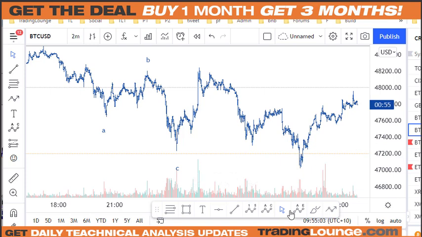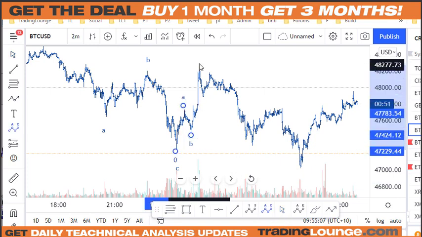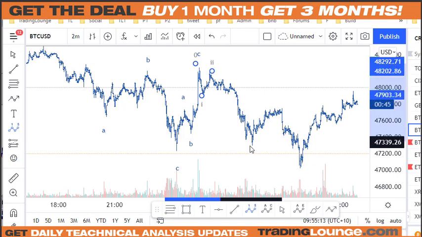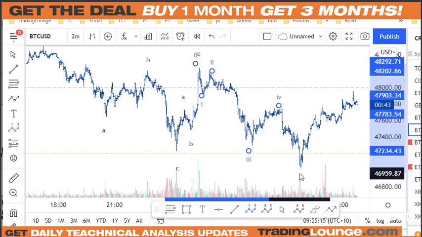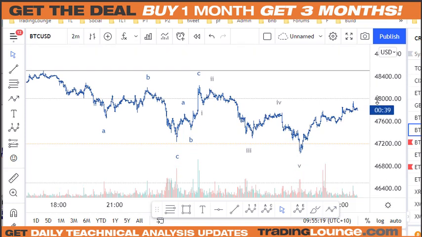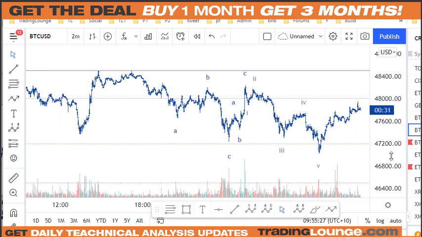So we can look at this here as an A, B, C to this point. And then we would need to look at this here as 1 and 2 and 3 and 4 and 5 to that point. So in the bigger picture, it still needs to take out that top. That would be the deciding factor.